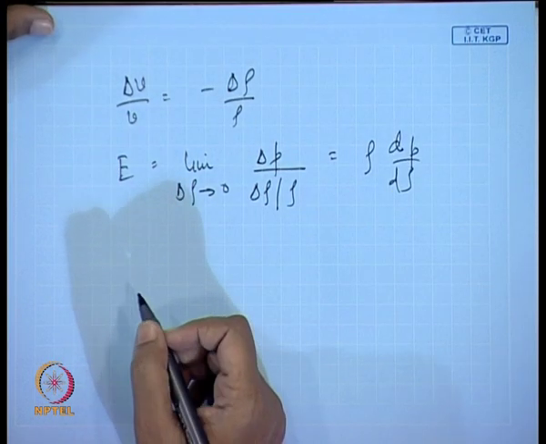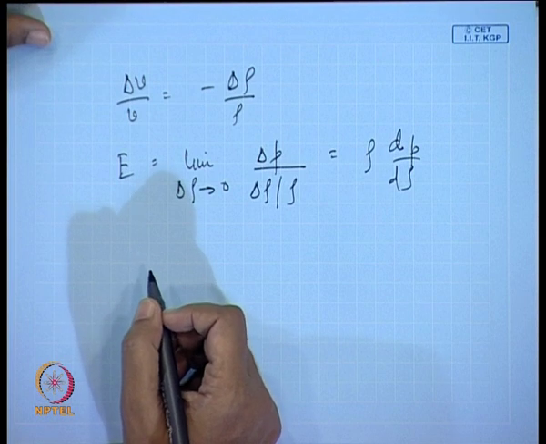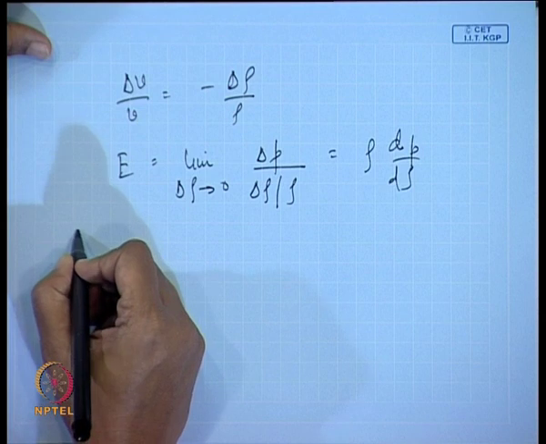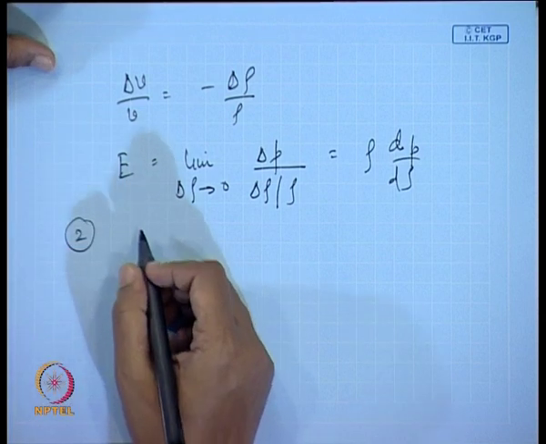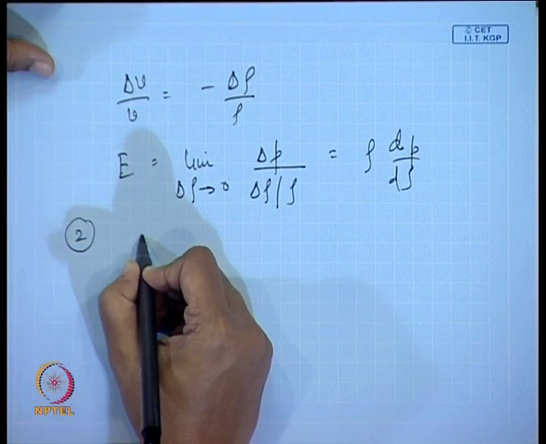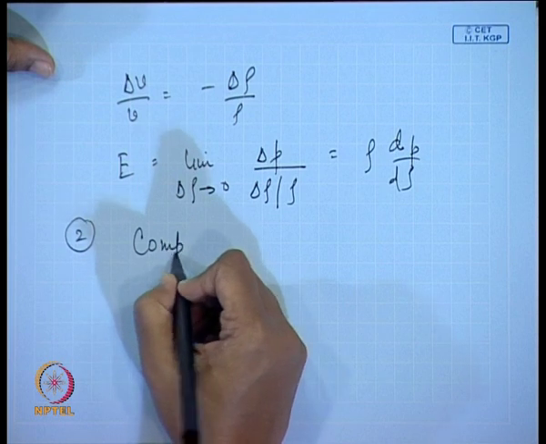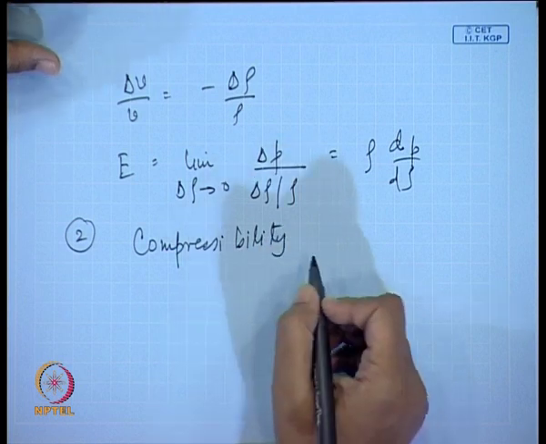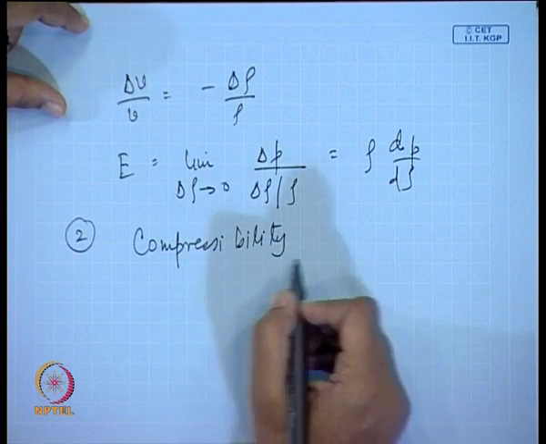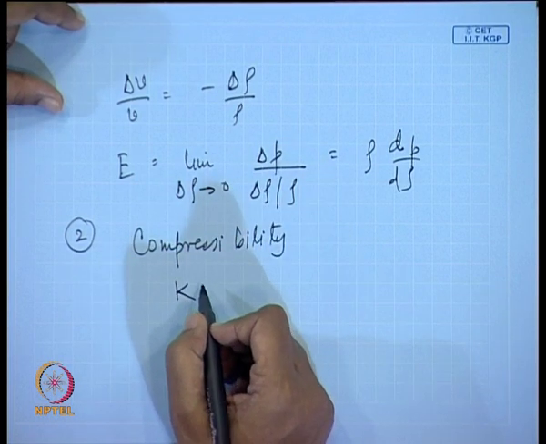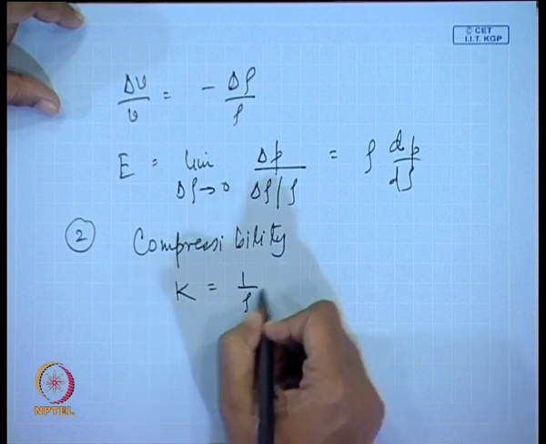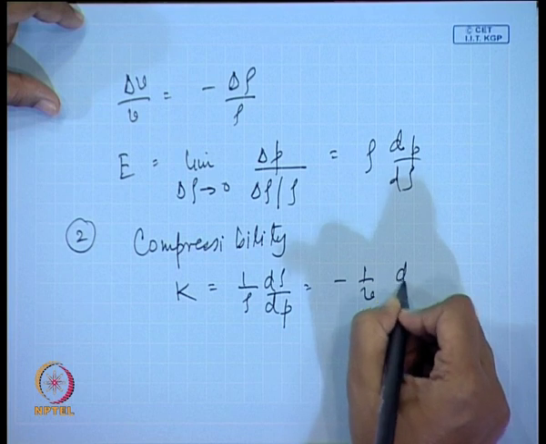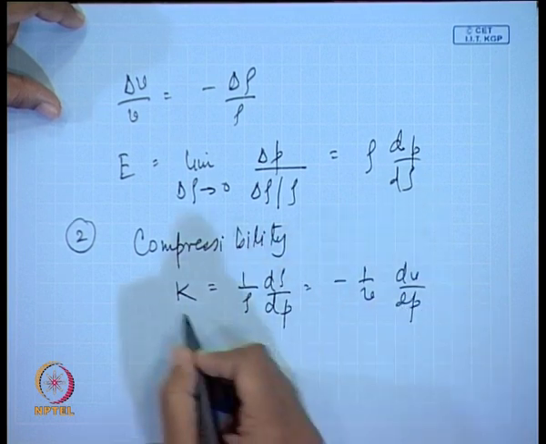This is one, but usually for fluid cases, apart from the bulk modulus of elasticity, we prefer to use a second definition. Any idea what that definition is? We prefer to define it in terms of compressibility, kappa, which is nothing but 1 by rho d rho by dp, or rather minus 1 by v dv by dp.